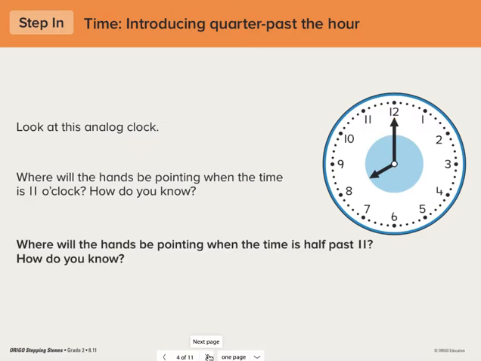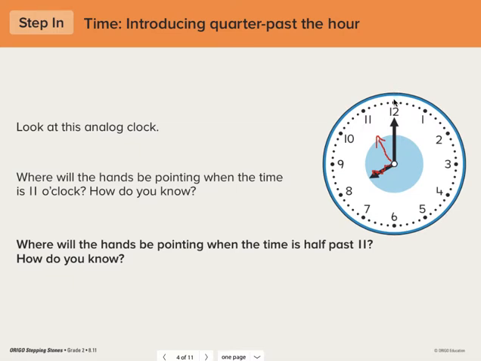Where will the hands be pointing when the time is 11:30? How do you know? So we know this is where the hands are pointing for 11 o'clock. Okay, let's cross this little one out. And now, if we want the clock to say 11:30, where's halfway on this clock?